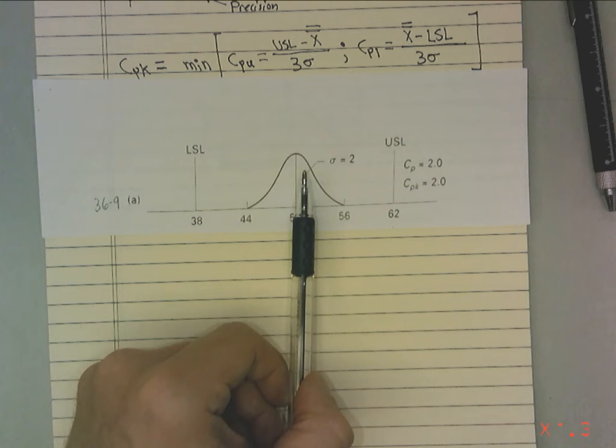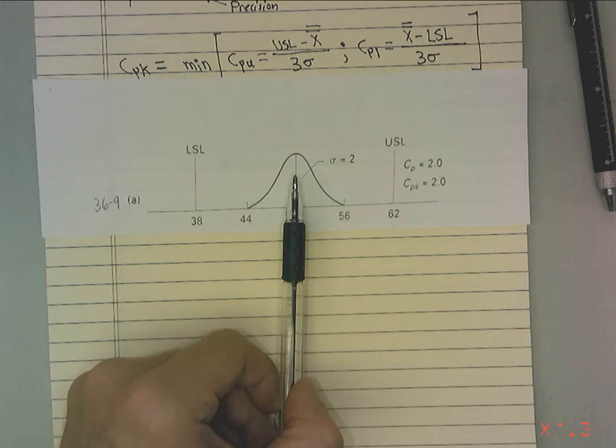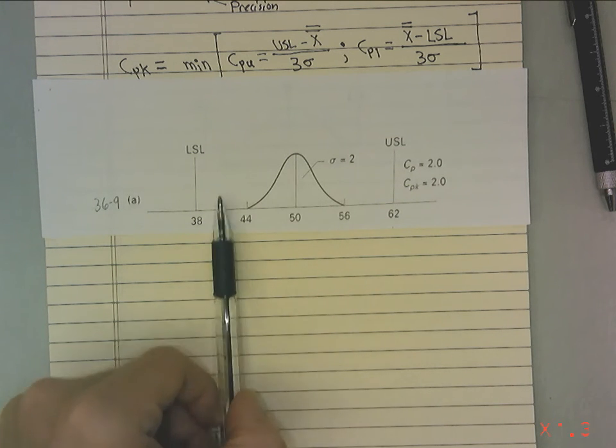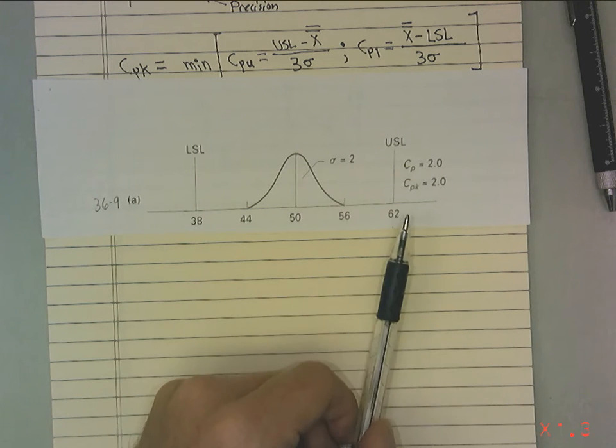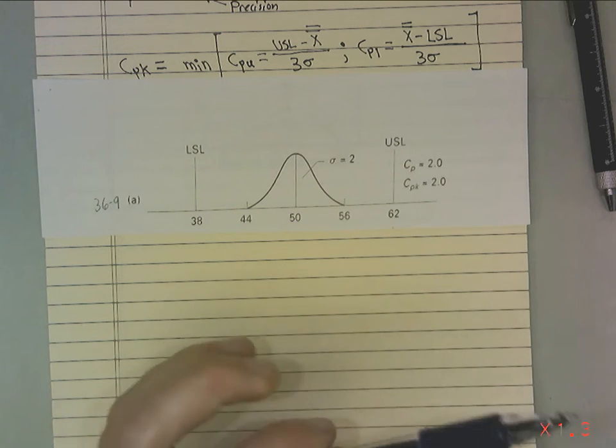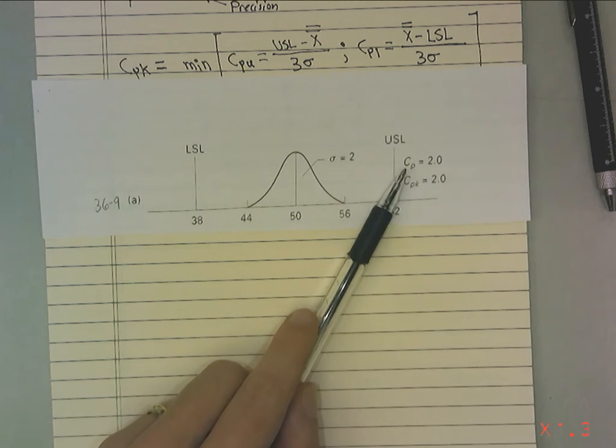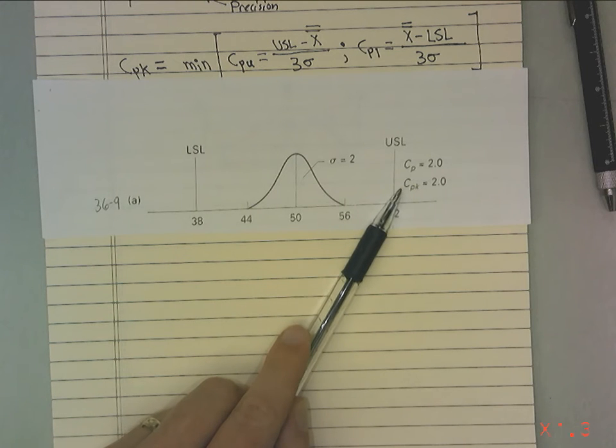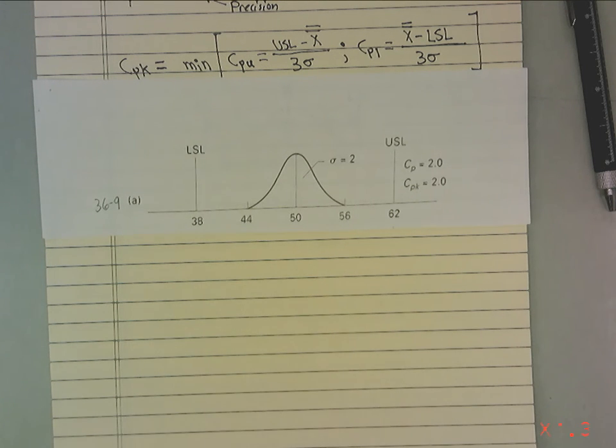So our normal distribution is centered in between our two tolerances. This is great. We follow the math here for the example they're giving. I'm not going to run through it here, but CP is 2 and CPK is 2. Okay, so here doing our CP and our CPK doesn't matter.